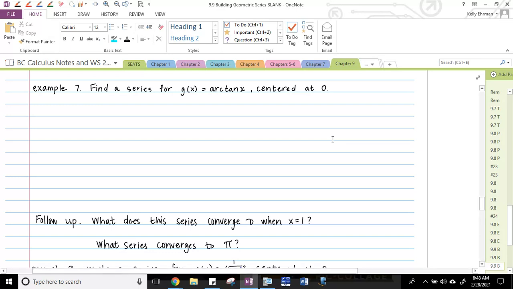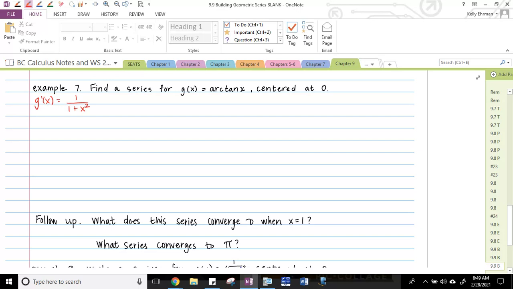But remember, the derivative of arctangent of x is 1 over 1 plus x squared, right? So g prime of x is 1 over 1 plus x squared. We're used to seeing the integral of 1 over 1 plus x squared is arctangent of x, but that's because the derivative of arctangent is this.